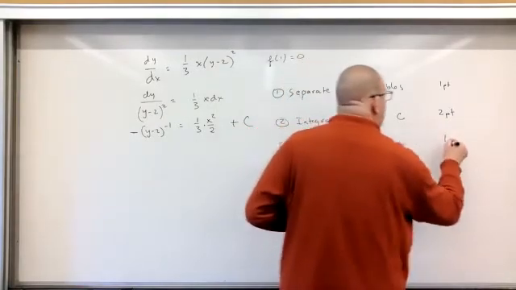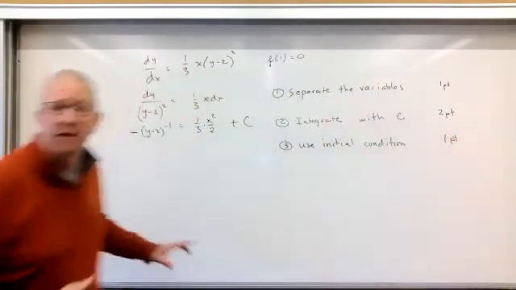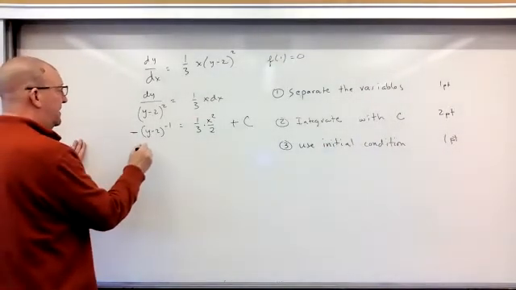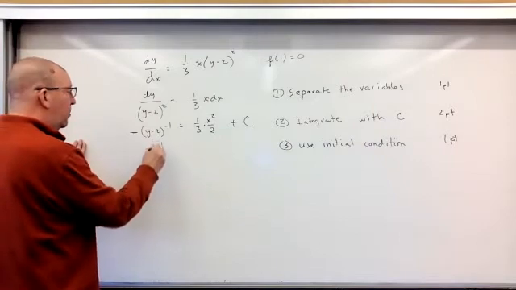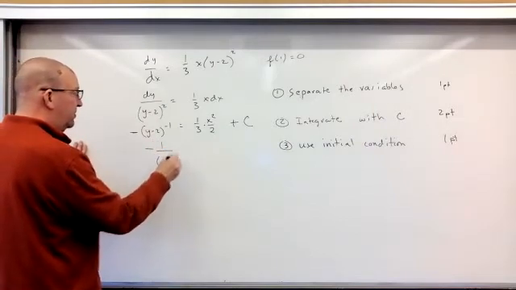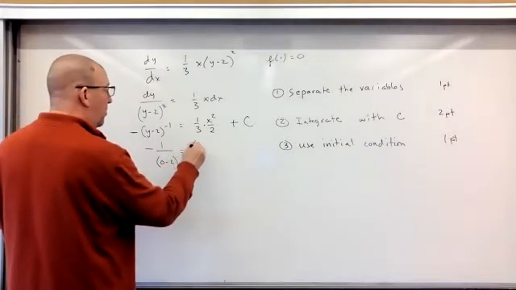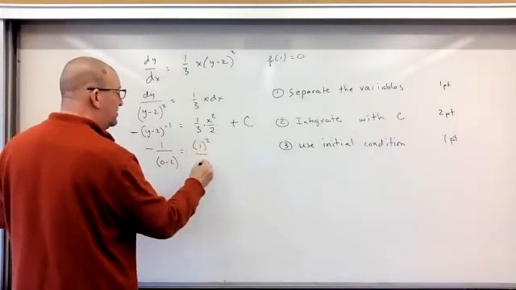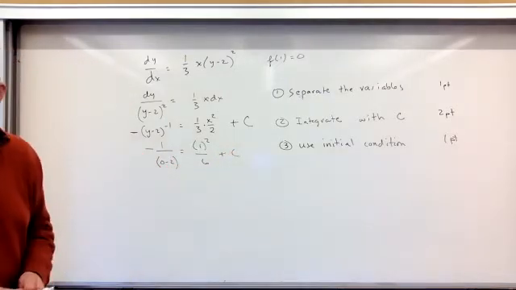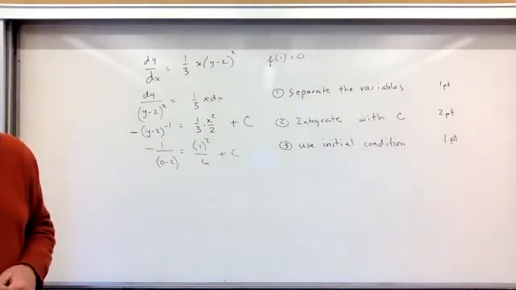You just have to show the grader that you used the initial condition. So watch this. -1 over (0 minus 2) equals 1 squared over 6 plus C. Done. Now I've gotten 4 out of 5 points.